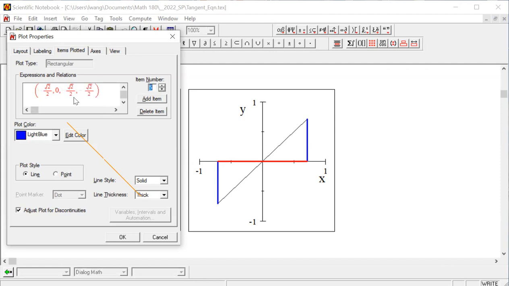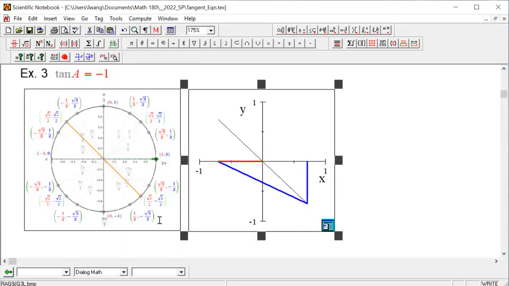The red. The blue. The red stays. Let's see what we get. Oh, how ugly that is. No problem. We're going to move that one.